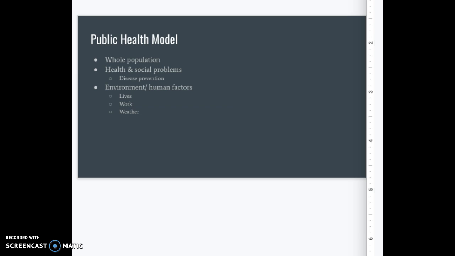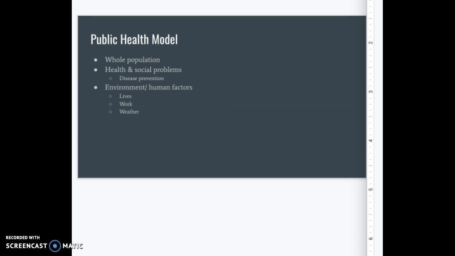So the public health model looks at all this stuff. It takes into account people's sociological standings, and from this, they look at the environmental factors and the human factors. So, for example, say that one has a mental health problem that's affecting them, and this is a factor that's affecting them.